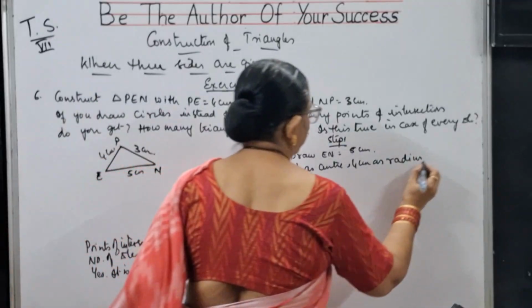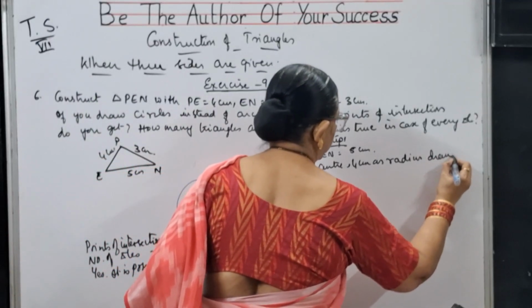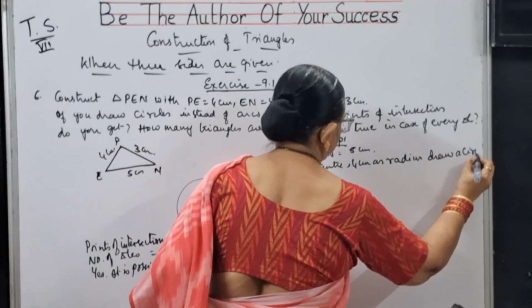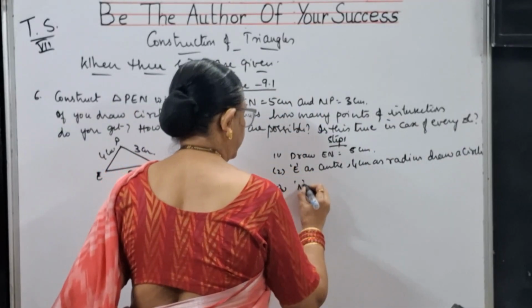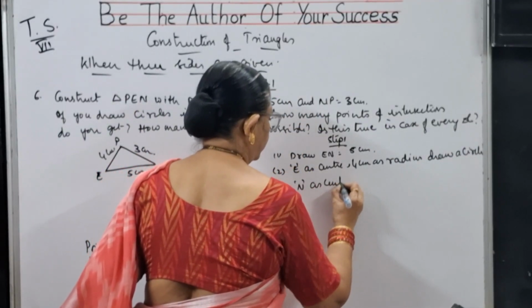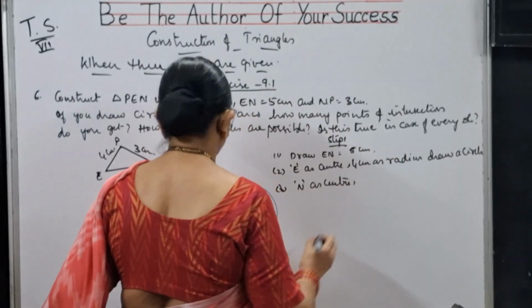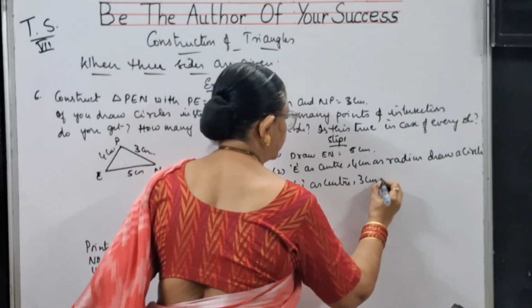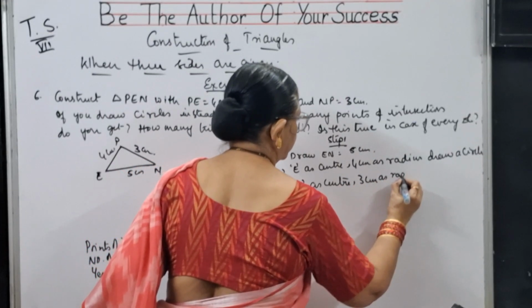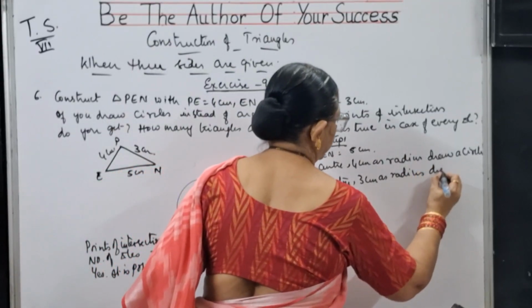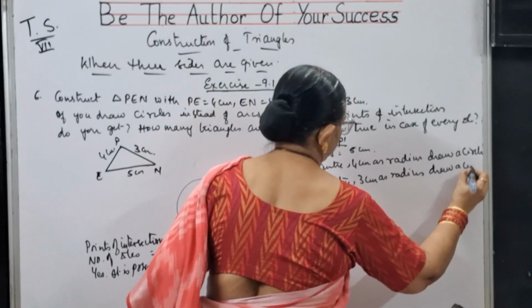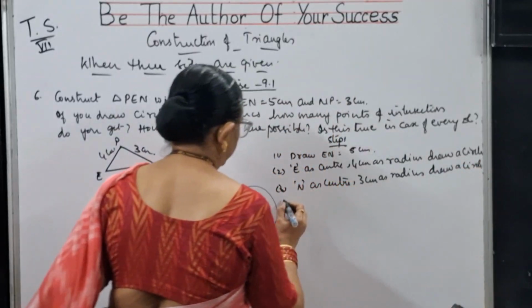According to the problem, draw a circle. Okay. Now third one, N as center, 3 centimeters as radius. Here also you have to draw the circle.